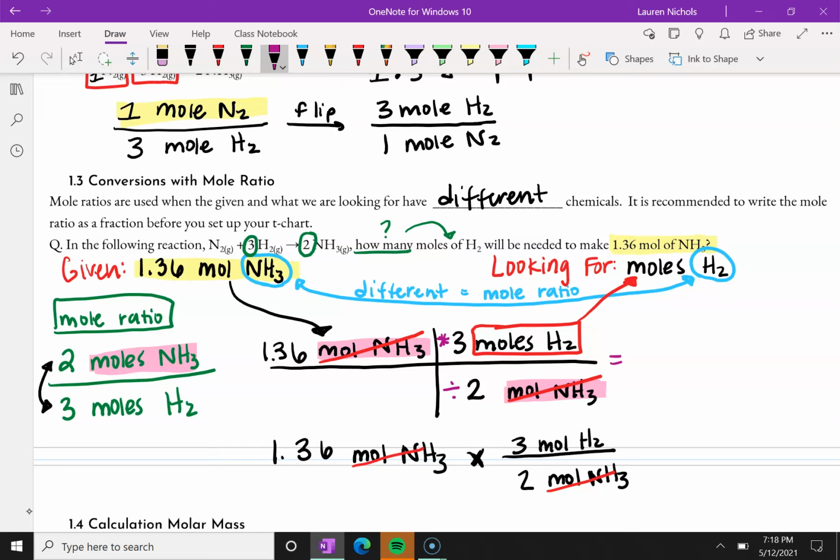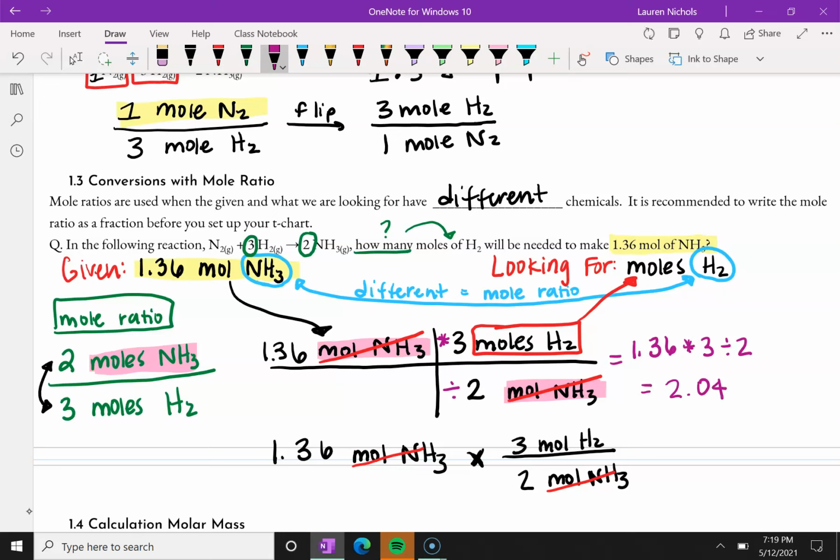So in your calculator, you always want to start with your given. So you have 1.36, and then we're going to multiply by 3 and divide by 2. And when you do this, you should get 2.04.